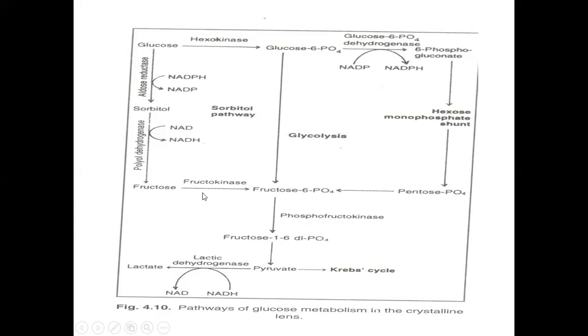With the help of the phosphofructokinase enzyme it becomes fructose 1,6-diphosphate, and then pyruvate. Pyruvate is converted to lactate by the lactate dehydrogenase enzyme. This comes under the Krebs cycle. So you see that the whole chapter is basically related to the metabolism of glucose.